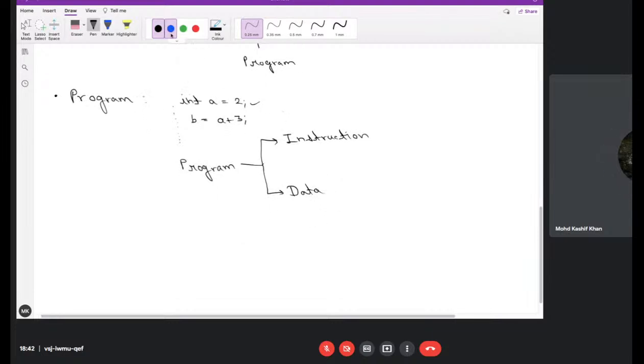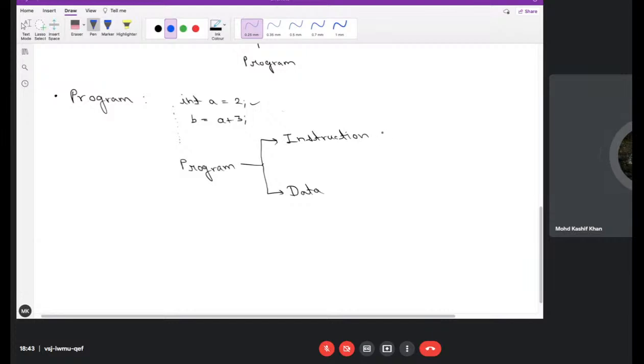Now whenever you write a program, you just write it in a simple way, right? But at the end, when the computer has to execute this program, it is converted into binary code, in 0 and 1, because the computer understands only 0 and 1. That's why this program is completely converted into binary code.